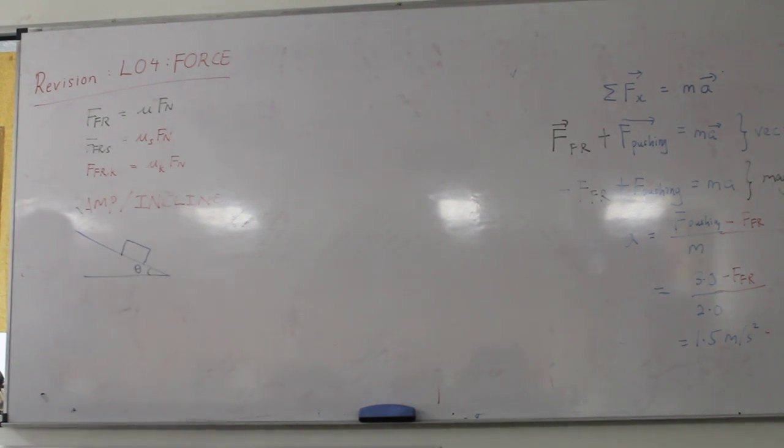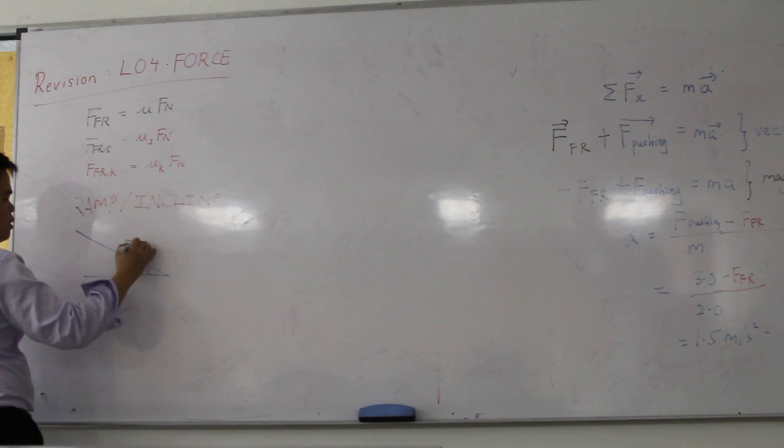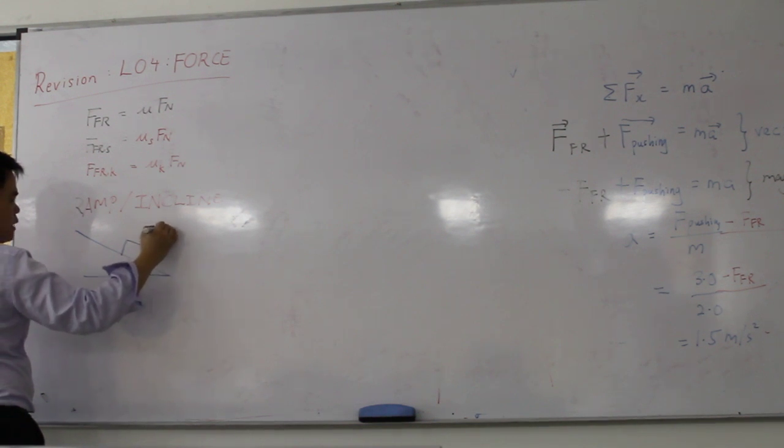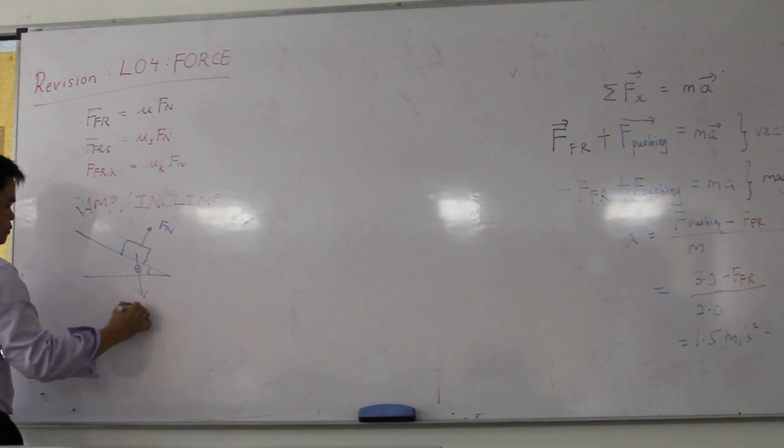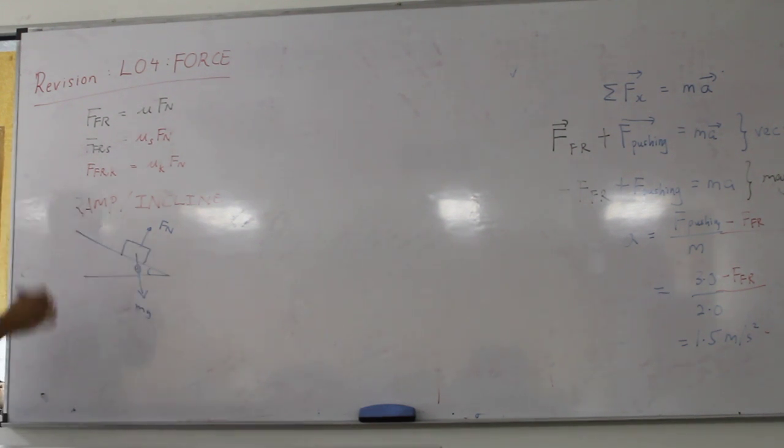For this case, how many forces are involved? All the time there's Fn, all the time there's mg, and it depends whether there's a frictional force or not. For our study, we will consider all the time it has friction unless we state that it's a smooth surface or no friction at all.